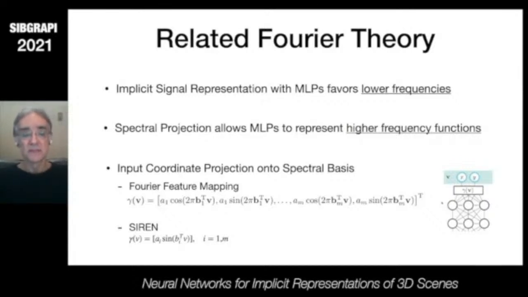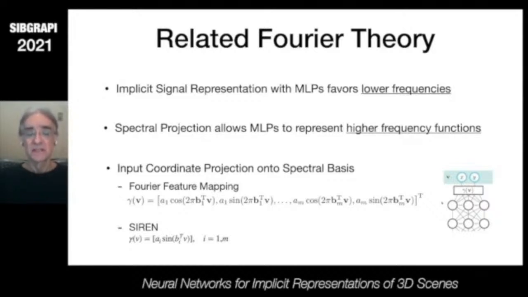Recent research in machine learning discovered that the implicit signal representation with fully connected multilayer perceptron networks favors lower frequencies.